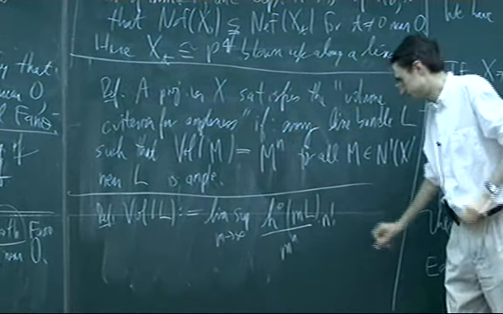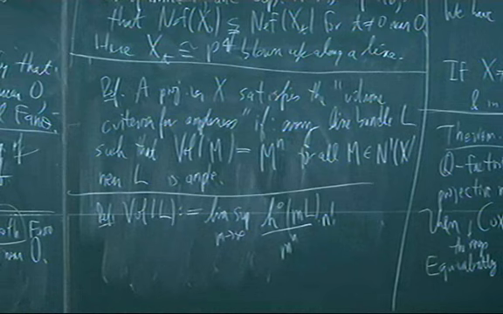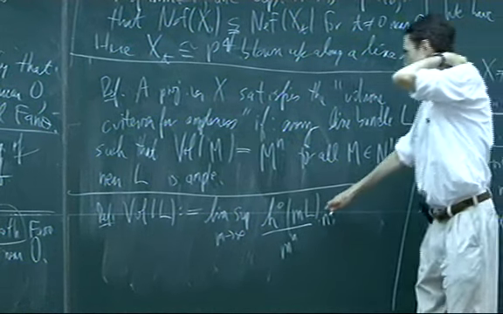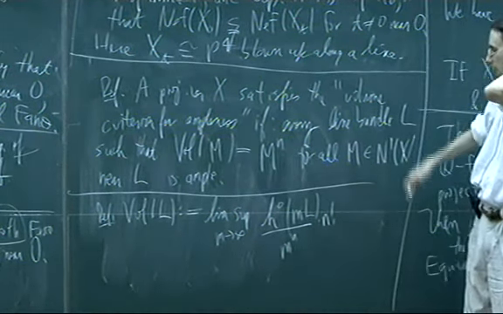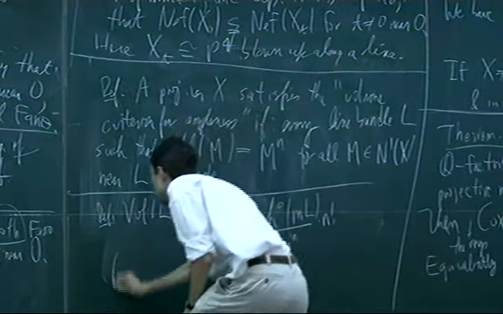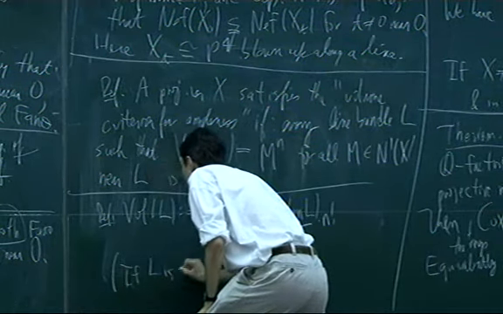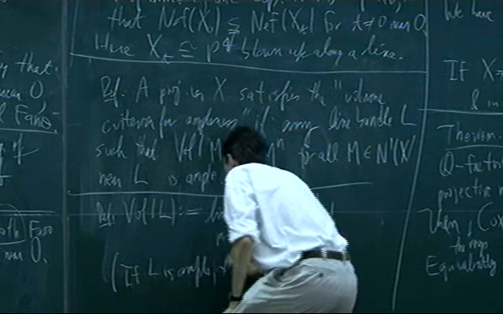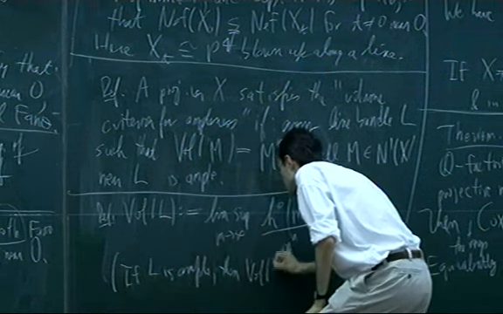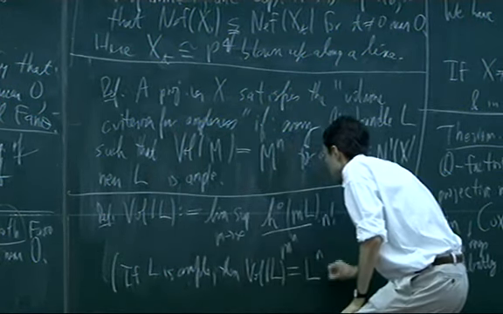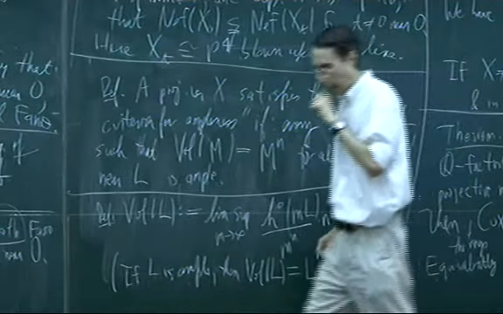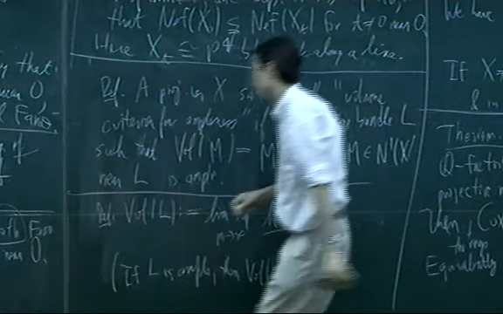So you look at the asymptotics of how fast sections of multiples of L grow, the point being that if L is ample, then just by Riemann-Roch, the volume of L is given by the top intersection form of L.